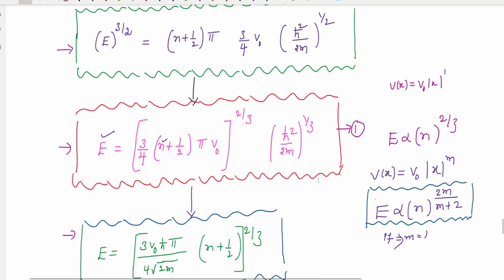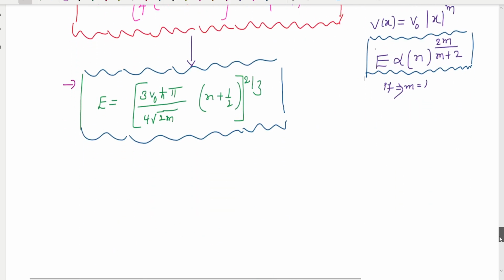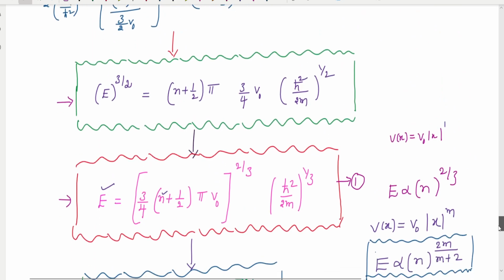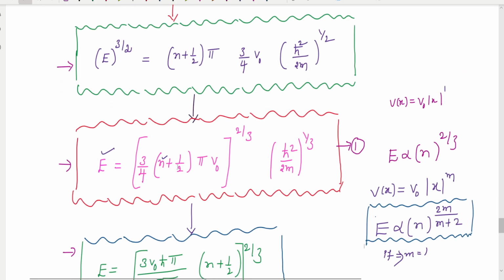Next formula. I hope you understand what I am saying here. This is our WKB solution we got, and from this solution, I'm going to find some shortcuts. So here energy is proportional to n whole power 2m by m plus 2.